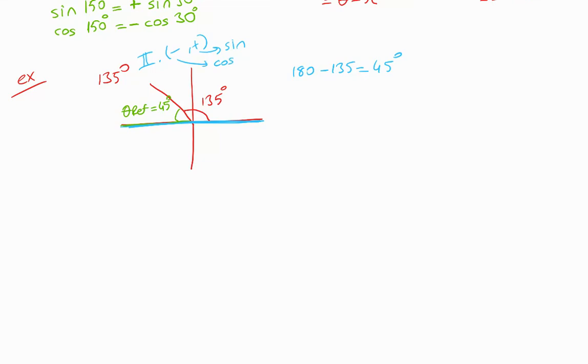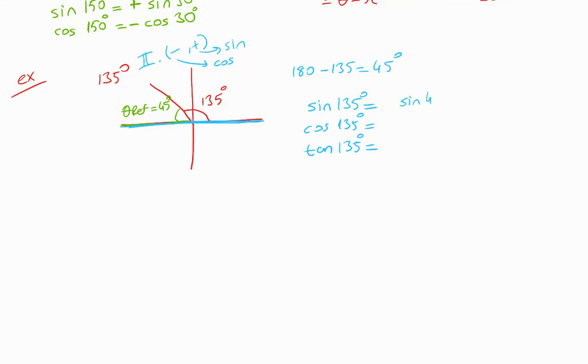So when I am writing sine of 135 or cosine of 135 or tangent of 135 degrees, I'm going to use the reference angle, which is 45, right?